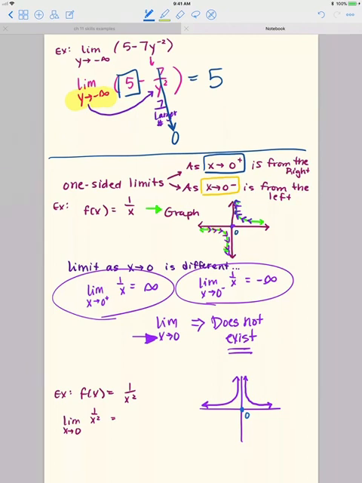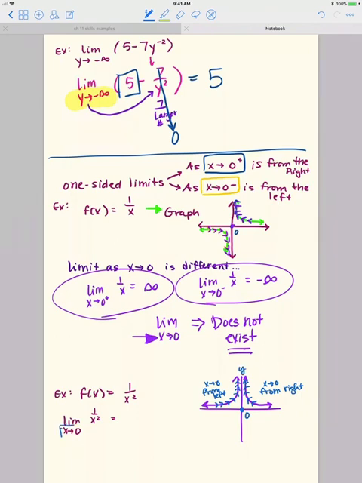And as x goes to 0, whether it's from the right or from the left, so here's x going to 0 from the right-hand side, and here's x going to 0 from the left-hand side, you can see both of those function values, regardless of what they are, the graph itself goes up to positive infinity on the y-axis.